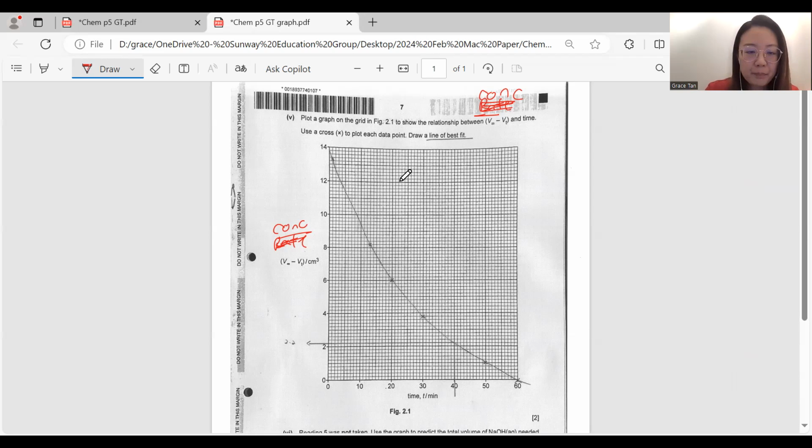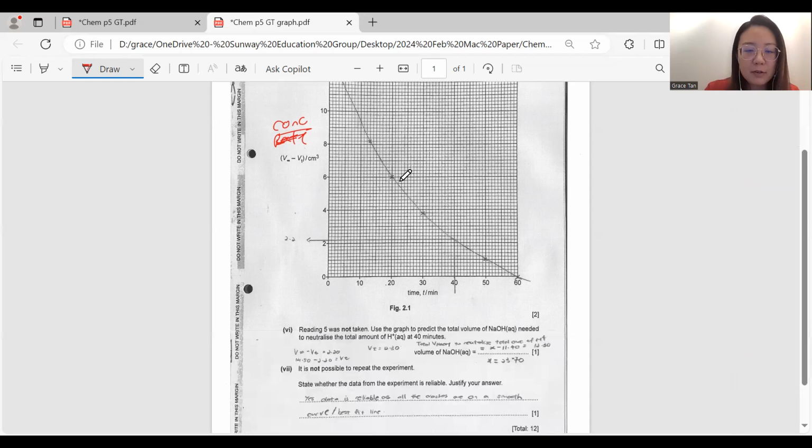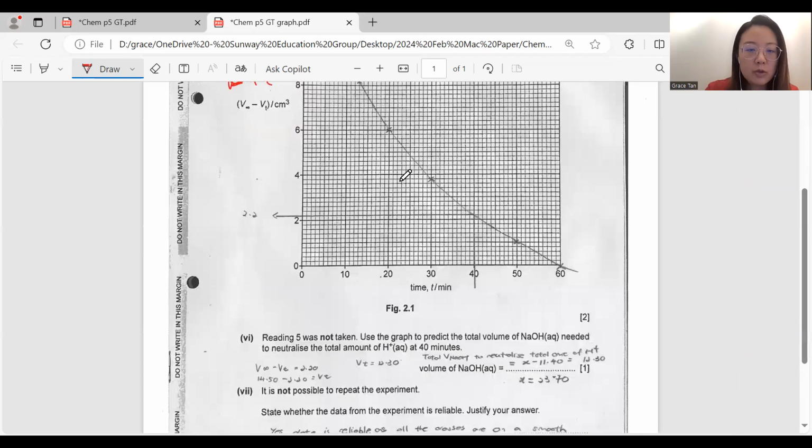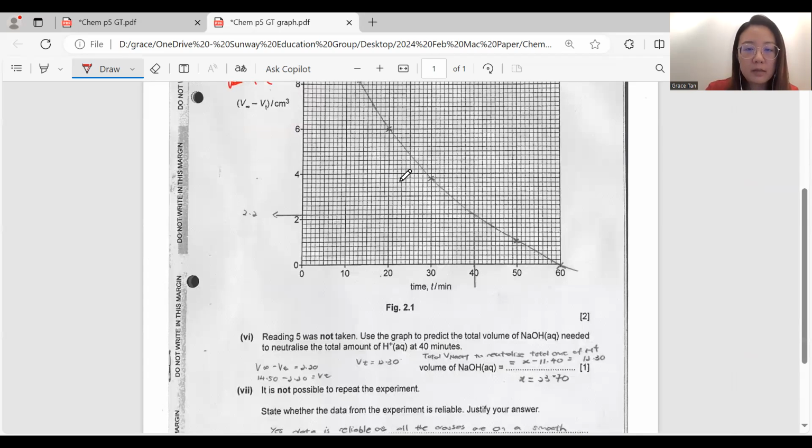Now, reading number 5 was not taken. Use the graph to predict the total volume of NaOH needed to neutralize the amount of H plus at 40 minutes. So you look at 40 minutes, look up here, and look to the left. For my drawing, I got 2.2 for V infinity minus Vt.